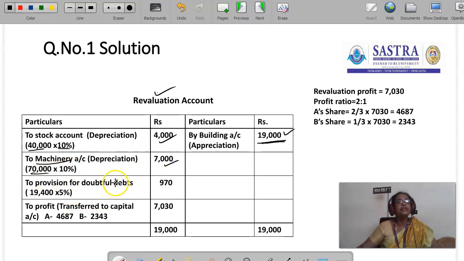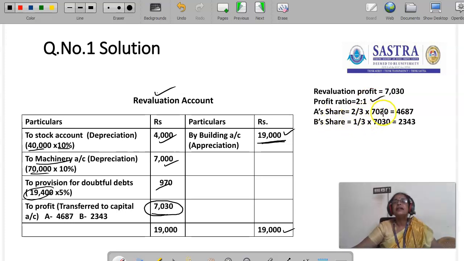Then provision has to be created on the debtors. Debtor value is 19,400. So 19,400 into 5% is 970. The total of the credit side is 19,000, and the remaining amount, that is the revaluation profit, is 7,030. That 7,030 should be distributed among A and B in the profit sharing ratio of 2:1.